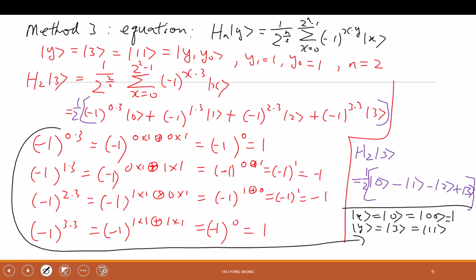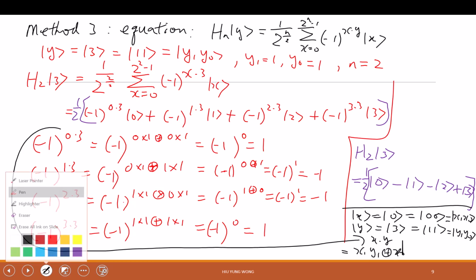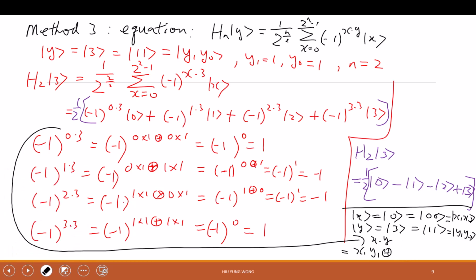So this is x1, x0. This is y1, y0, right? So x dot y equals x1 times y1 exclusive or x0 times y0. That's why you get 0 times 1 exclusive or 0 times 1.